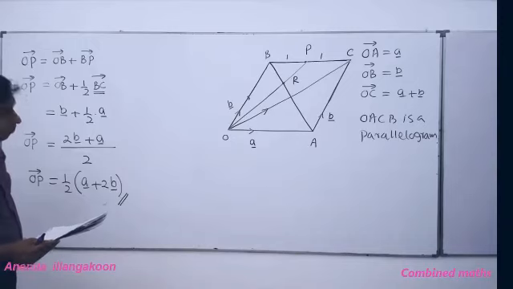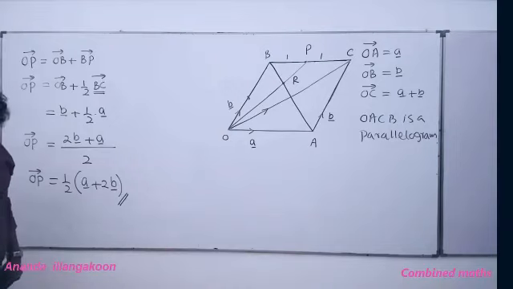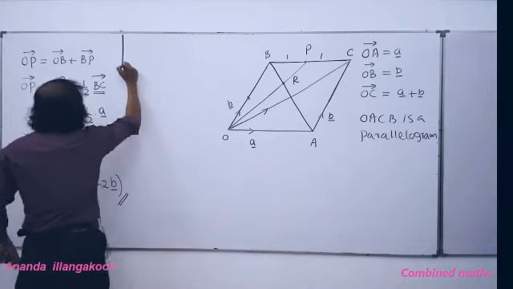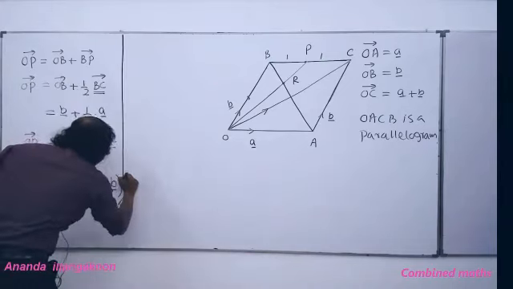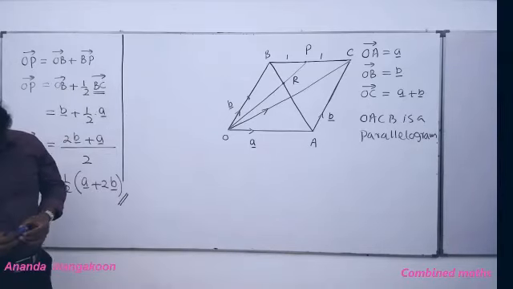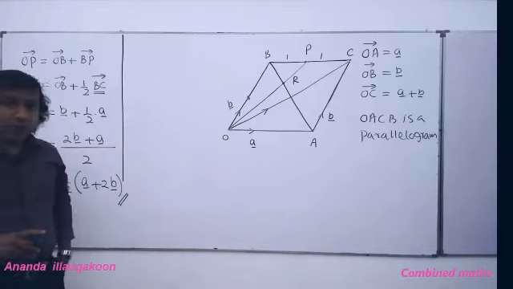RB vector. How to write RB vector? People think how to take this. RB vector we must write B minus K times A plus 2B.